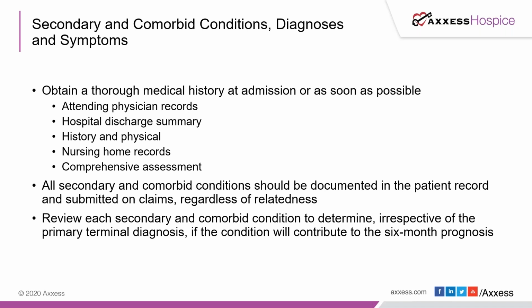Get nursing home records from our patients at nursing facilities, and also the comprehensive assessment from the IDG in those first 5 days. To review, a secondary condition is something that is caused directly by the terminal diagnosis. That would be something like dysphagia if you have a neurological condition, or pressure ulcers from immobility.